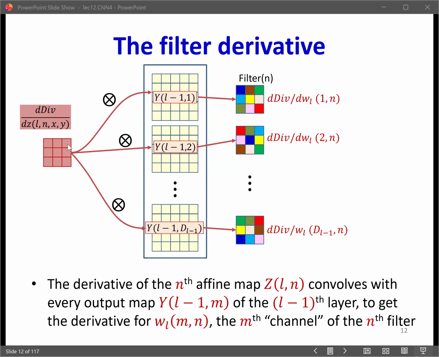We simply convolved this derivative map with all of these input channels to get the derivatives for all the elements of all the channels of the filter that was used to compute this affine map. Does everyone remember this? Yes or no? Okay, I have a few thumbs up, so I'll just go with it.